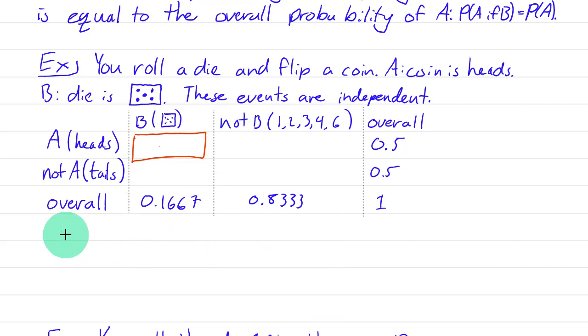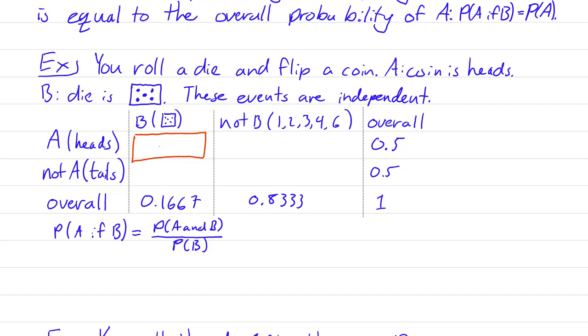I'm going to make some room here. So the formula for the probability of A if B is the probability of A and B happening divided by the probability of B. So out of all the times that B happens, what proportion of the time does A also happen?